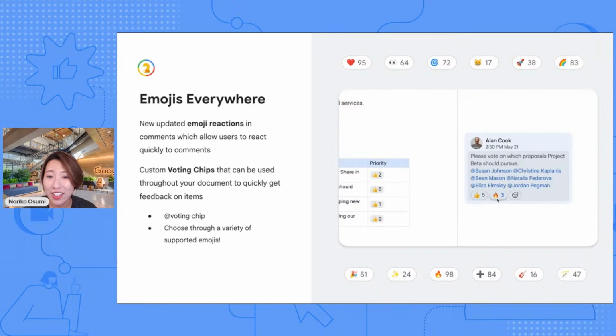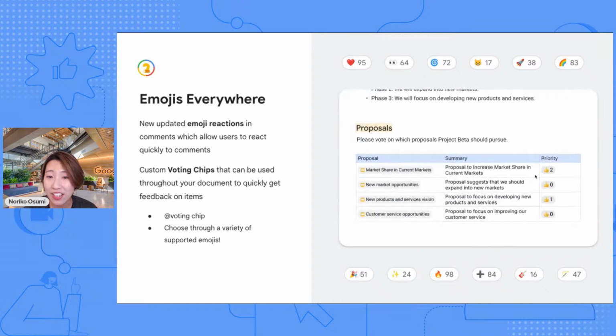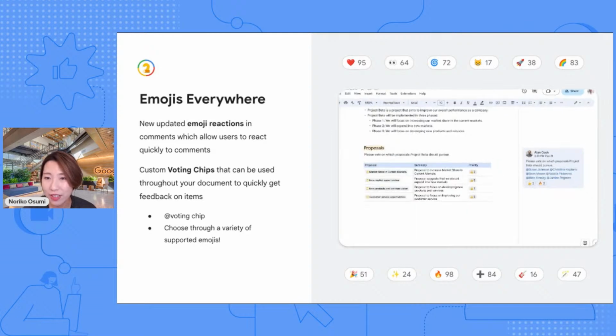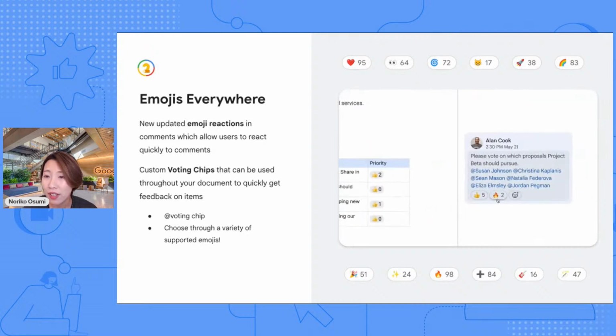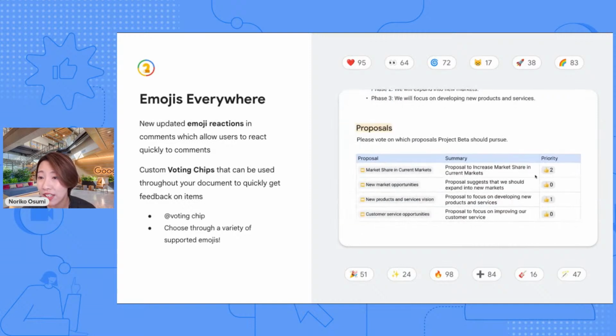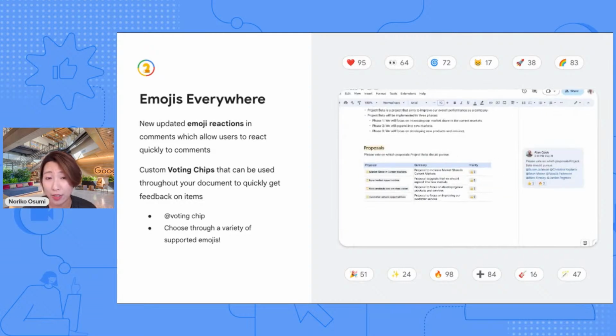Now, instead of users typing in yes, or I like this one, or typing in a comment or saying plus one to this, they can just easily use voting chips.